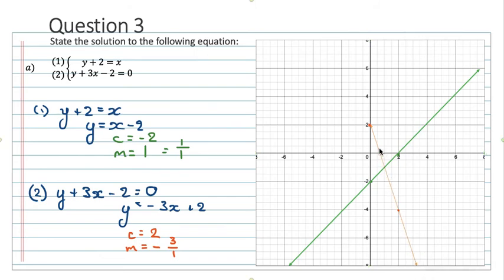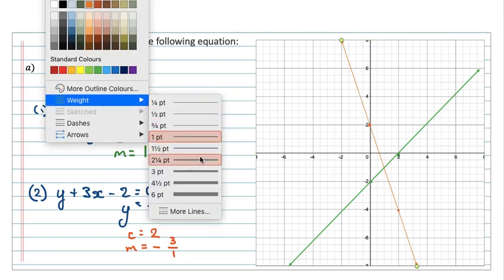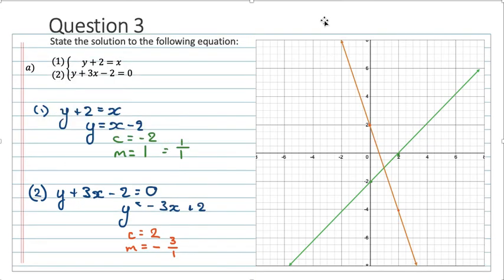Like so. Perfect. And then coloring our line in. There we go. So what we have here is a point of intersection at this point, which looks to be the solution of 1 and -1.